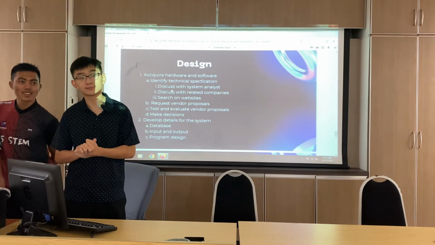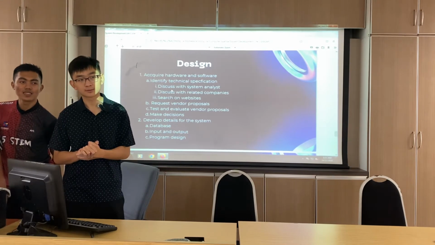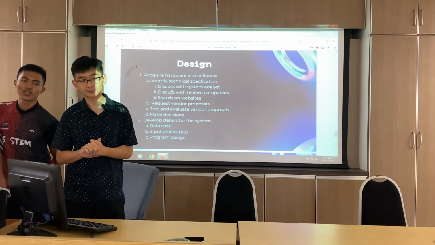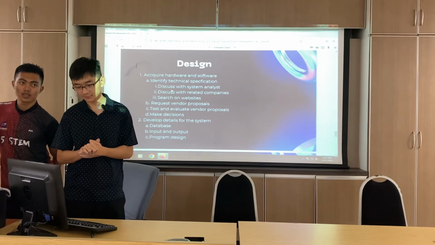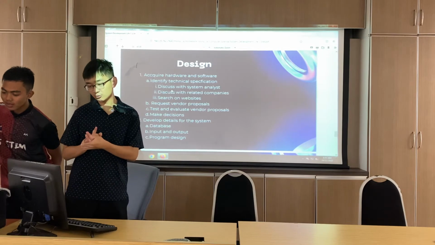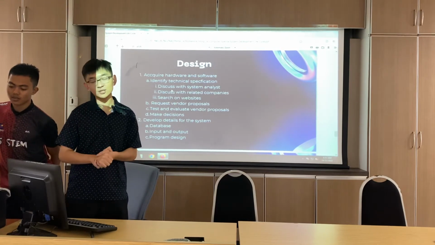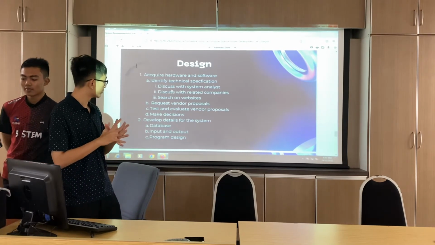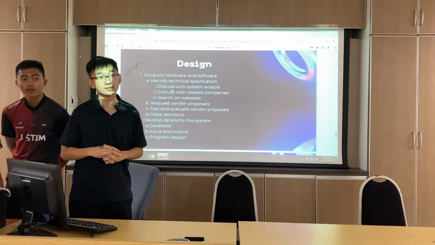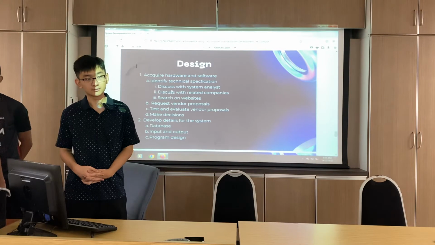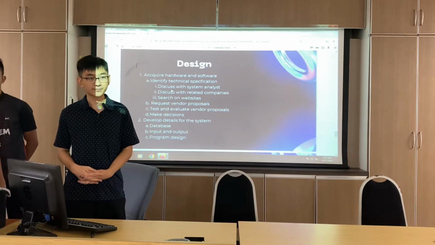So if you need new hardware and software, that means you are acquiring hardware and software. So you need to consider 4 major tasks in this phase. What are the 4 major tasks? We need to identify the technical specification, request proposals from the vendor, test and evaluate these proposals, and also make the final decision. These 4 activities are only needed if you really need new hardware and software.